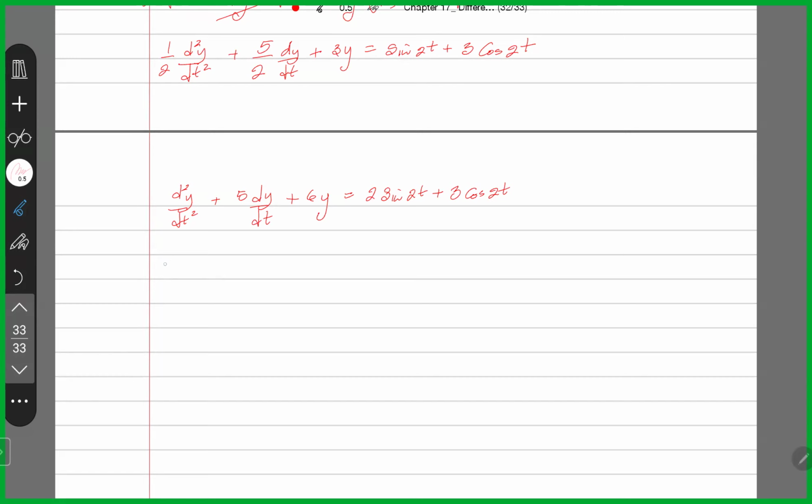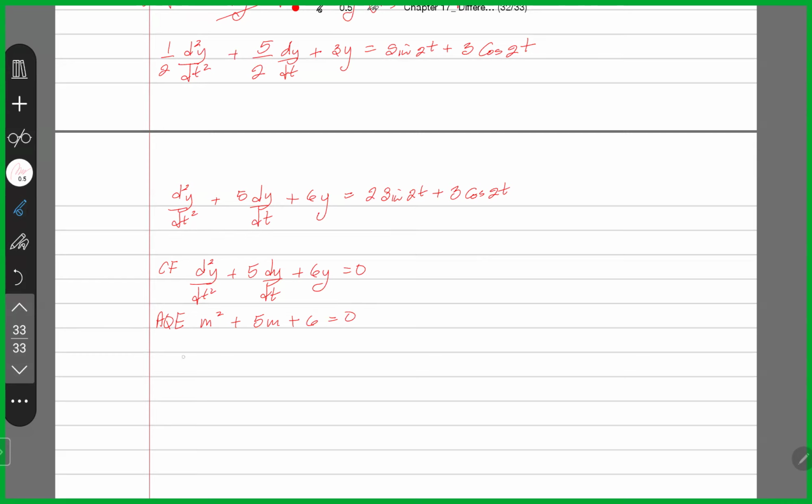So let us first find the complementary function, which is the solution to d2y by dt squared plus 5 dy by dt plus 6y is equal to 0. For that, we need the auxiliary quadratic equation, which is m squared plus 5m plus 6 is equal to 0.